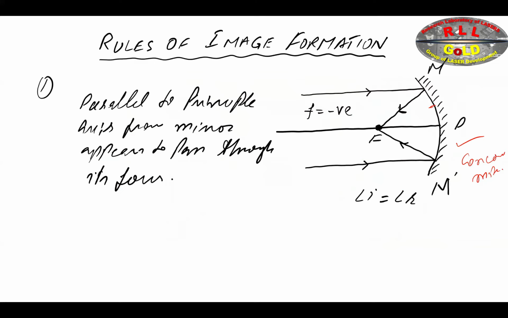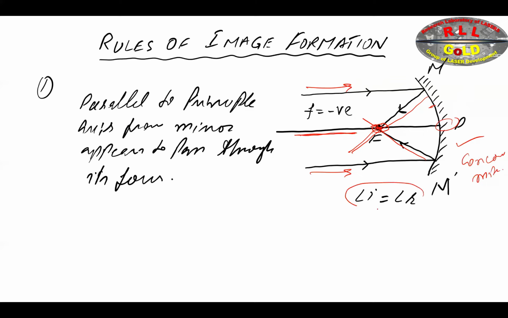So what the first rule is saying: if the incident ray, or the light, is coming parallel to the principal axis, this is the principal axis, this is the pole, so incident light is coming parallel to the principal axis, then it will appear to pass through F. What is F? F is the focal point. Incident light here, and it appears to pass through the F here. So both these lights intersect here, and this is the focal point. So this was the first rule of image formation.